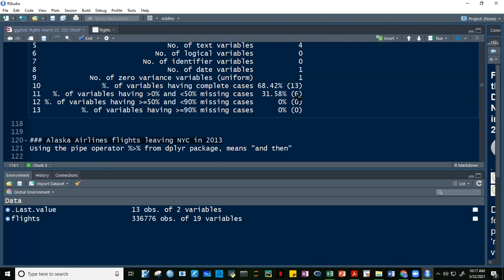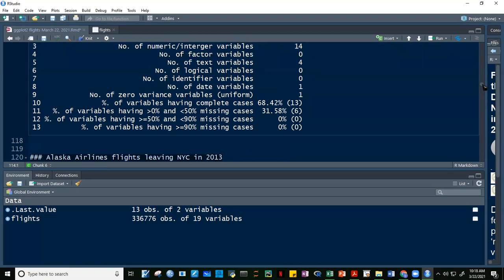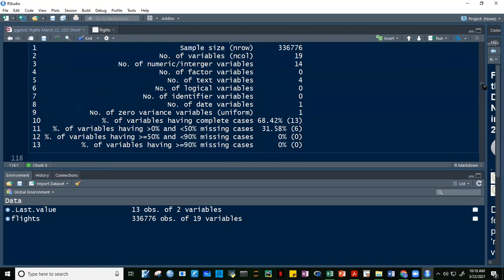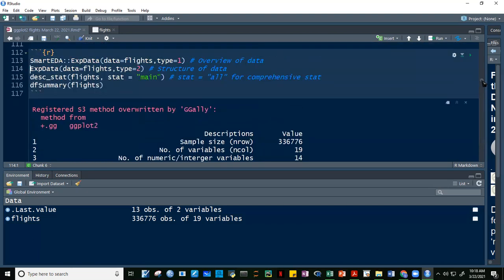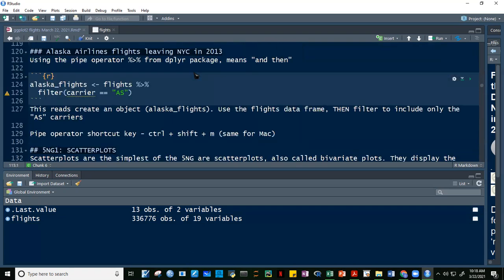May 6. And then percentage of variables having between 50% and 90% missing cases. Wala. So this is very important, guys, if you want to see how many missing cases there are. Kasi pag may missing cases, that has to be dealt with. And then type 2 naman, it will give us the structure of the data.